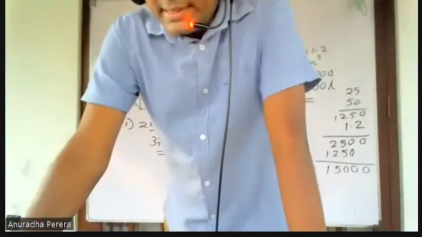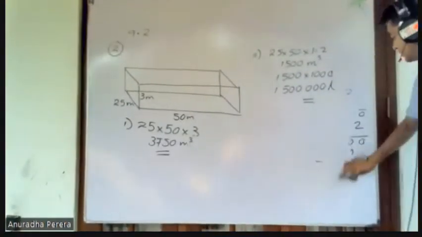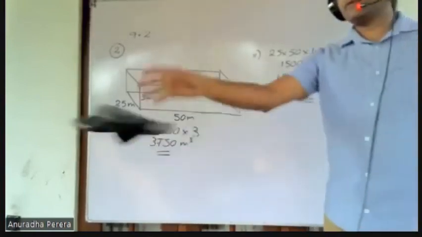How much more water is required to fill the swimming pool completely? It asks for the remaining amount. Right. This is the total volume.